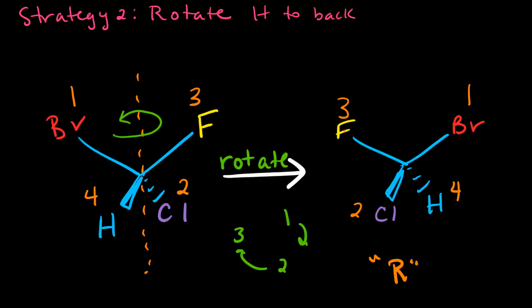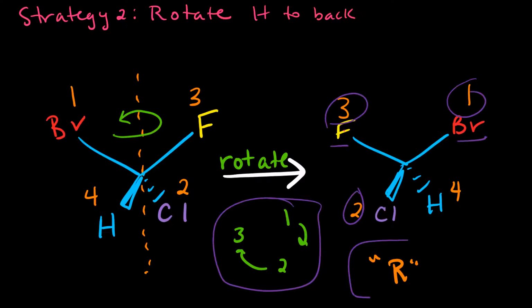If you flip the hydrogen to the rear position, that's going to bring the chlorine out to the front position, the bromine off to the right and the fluorine off to the left. And then you can just do the analysis. 1, 2, 3, you see that it's going in the clockwise direction. So again, we're coming up with the R configuration.